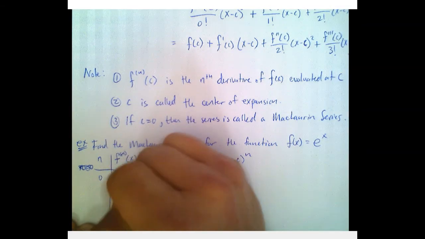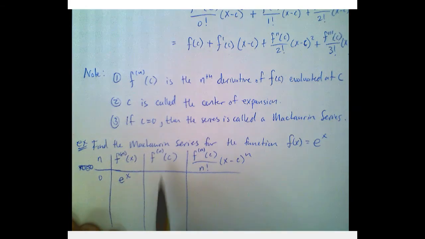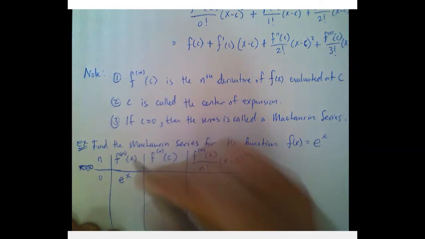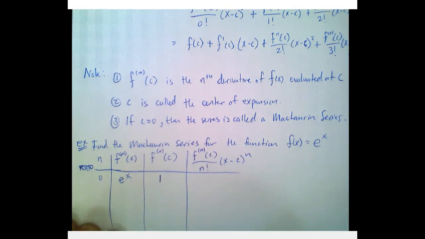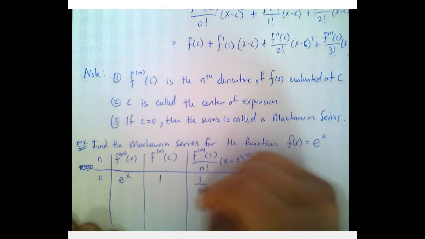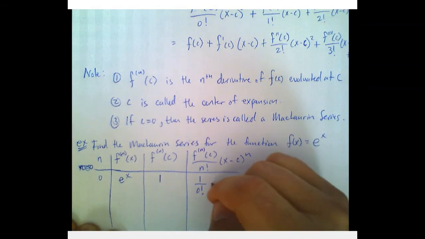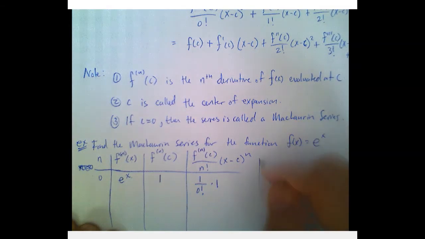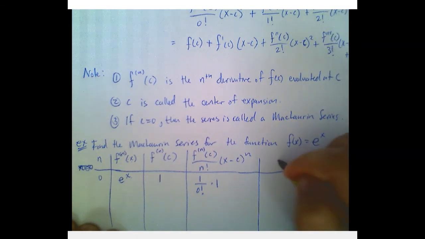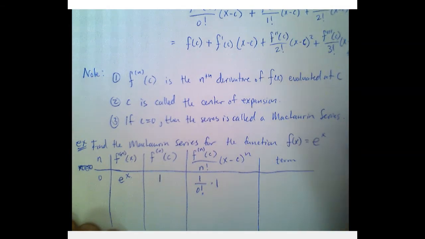So that's e to the x. Let's evaluate it at c. In this case, c is 0 because it's a Maclaurin series. So what's e to the 0? That's just 1. And then let's assemble this term here. So we have our f^(n) of c, which is 1, over 0 factorial, times x minus 0 to the 0, which is just 1 as well. So our 0th term would just be 1.